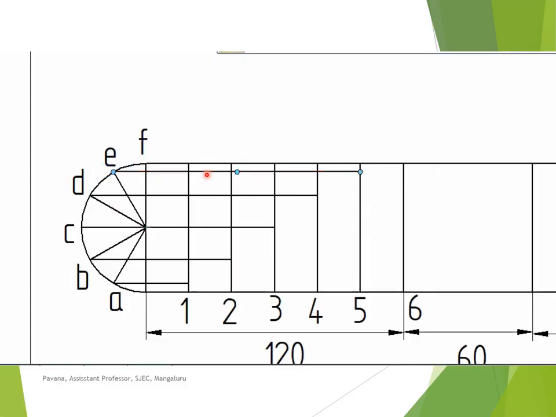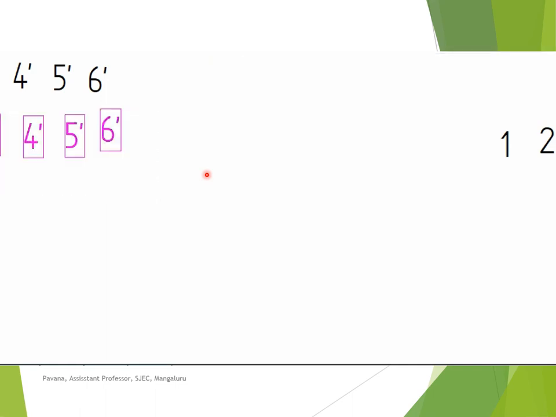Now the intersection points you get, name them 1 dash, 2 dash, the numbers with the dash.